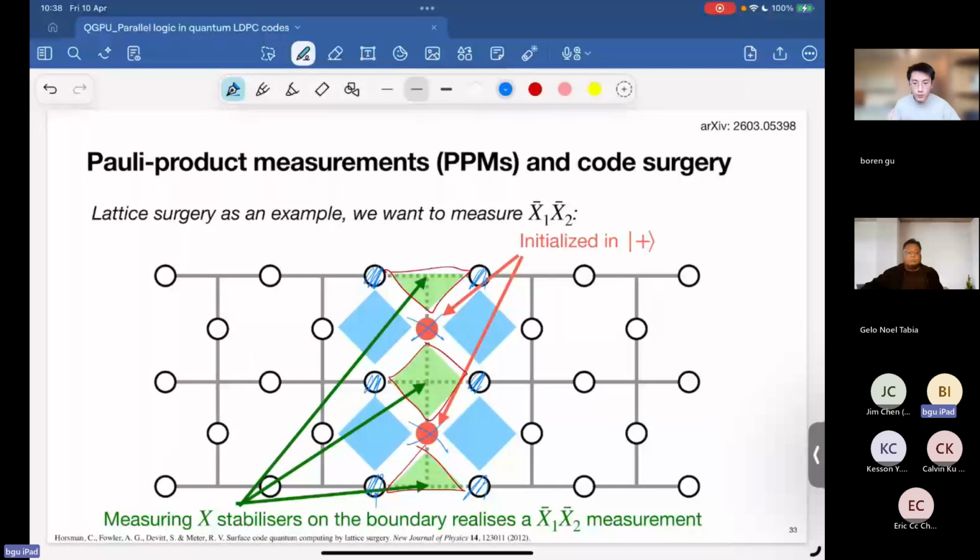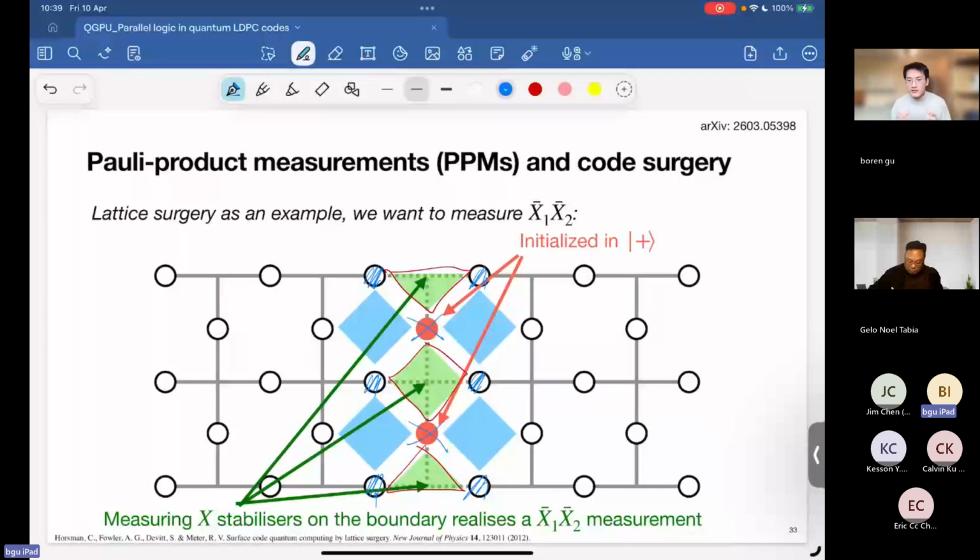However, what is important is that the stabilizers you are measuring are still of the weight of the original ones, and for this specific case, you're just getting a larger surface code. So everything you're measuring is very legal, and as it becomes a larger patch of surface code, the code distance is always preserved, and this whole process is very fault tolerant.